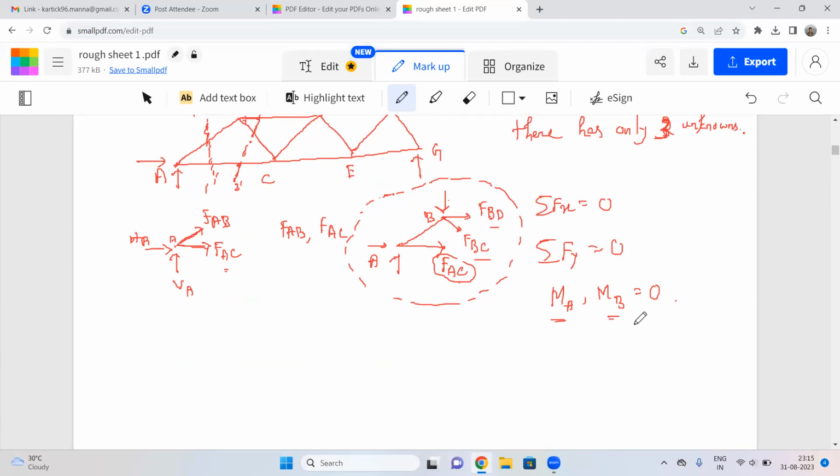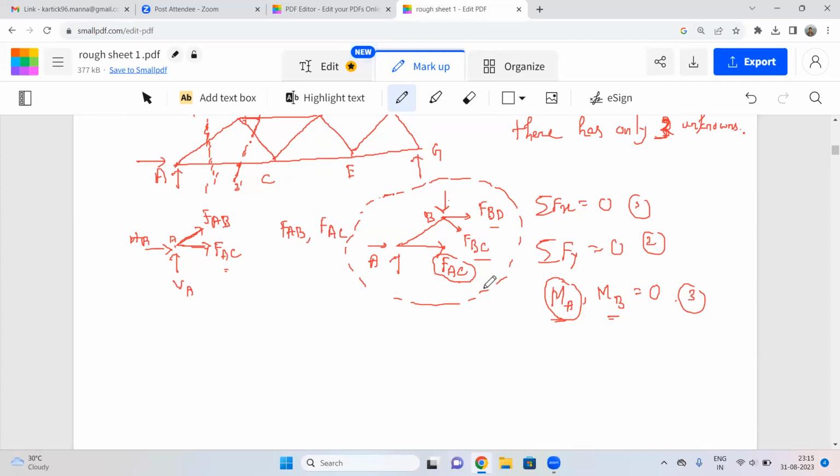But actually when we will do the calculation, then you will understand these things. Suppose you find out moment at point A. Like at both the points you find moment, that is fine. You have one, two, three equations and three unknowns. So that is fine.